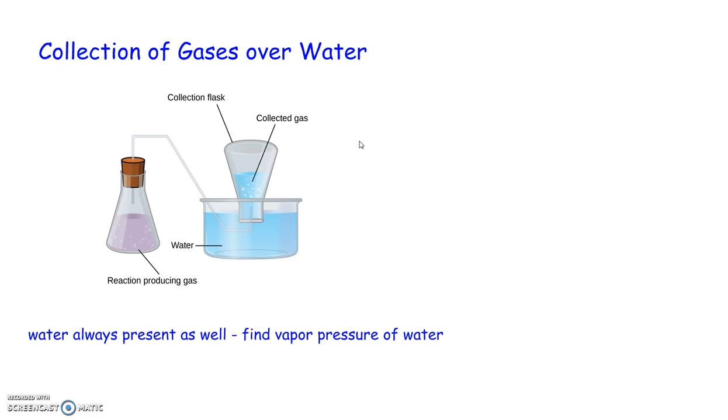However, one thing to keep in mind is it's not just the gas that I was trying to collect in that flask. There's also going to be some water vapor in there. So we can find the vapor pressure of water at a given temperature and then subtract that vapor pressure out, and we have the pressure of just that gas that I'm looking for.